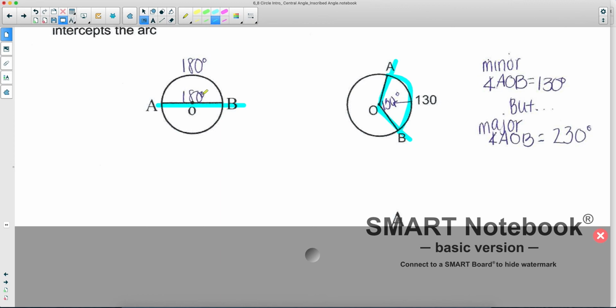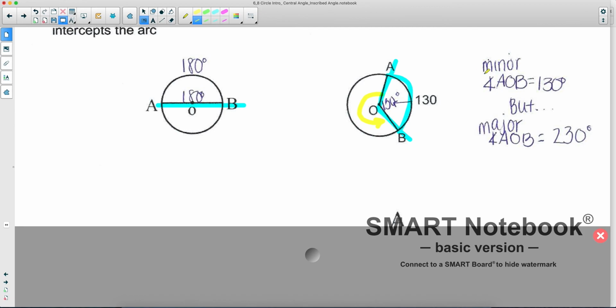There's an angle up here and an angle up here, but both angles are at 180. So if I said angle AOB is 180, no matter what angle I'm talking about, I'm correct. But here, if I say angle AOB, I could also talk about angle AOB going this way. And that's definitely not 130. That's larger than 130. That's 230 because it's 360 minus 130.